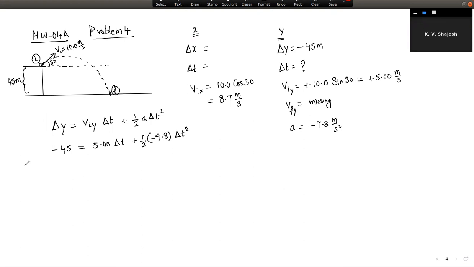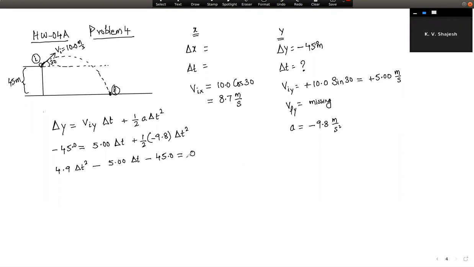With a minus sign, I take it to the left-hand side. So that's 4.9 delta t squared minus 5.00 times delta t minus 45 is equal to 0. That's 45.0 actually, so it's 3 digits, but 2 is sufficient because 9.8 is only 2.